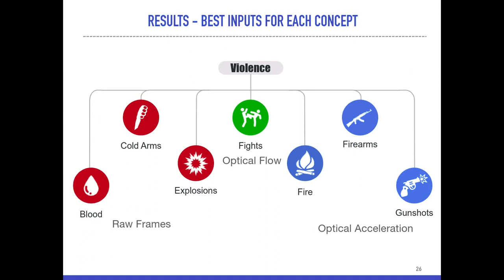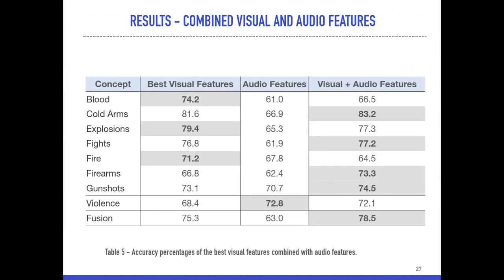So we used our results from the Inception, and we found that for blood, cold arms, and explosions, the raw frames were better. For firearms, fire, and gunshots, the optical acceleration was better. And for fights, the optical flow was the best kind of input that we had. So we can make a final fusion using the features from each of these different types of inputs.